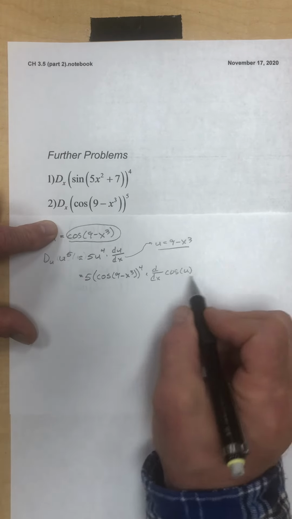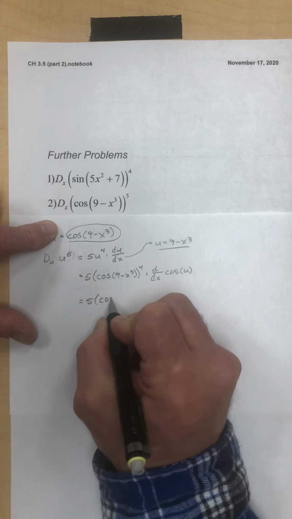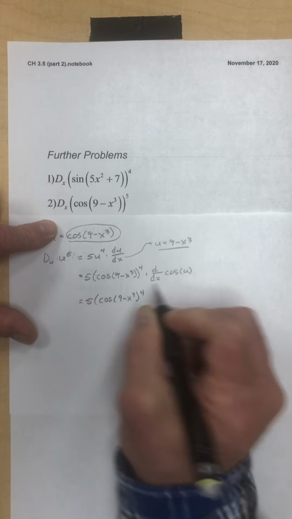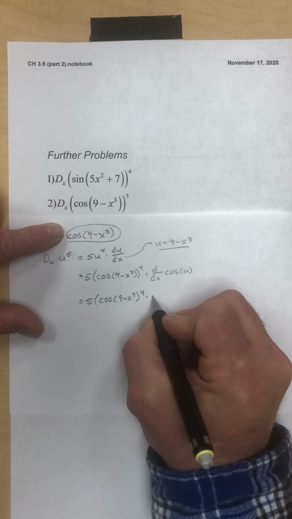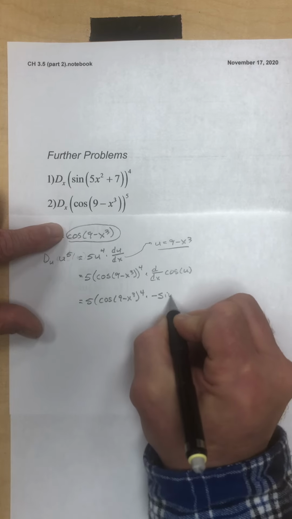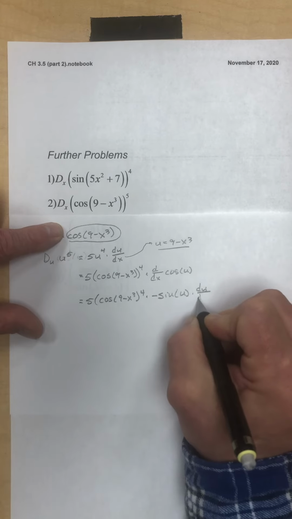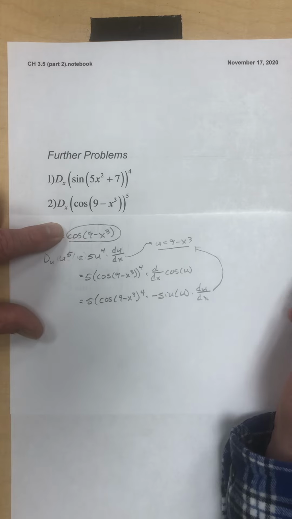So I've got to take this derivative. I've got 5 times the cosine of 9 minus x cubed, all to the fourth power, times the derivative of cosine, which is the opposite of sine, so I'd get the opposite of the sine of u times du dx, and this du dx goes up here with that guy.